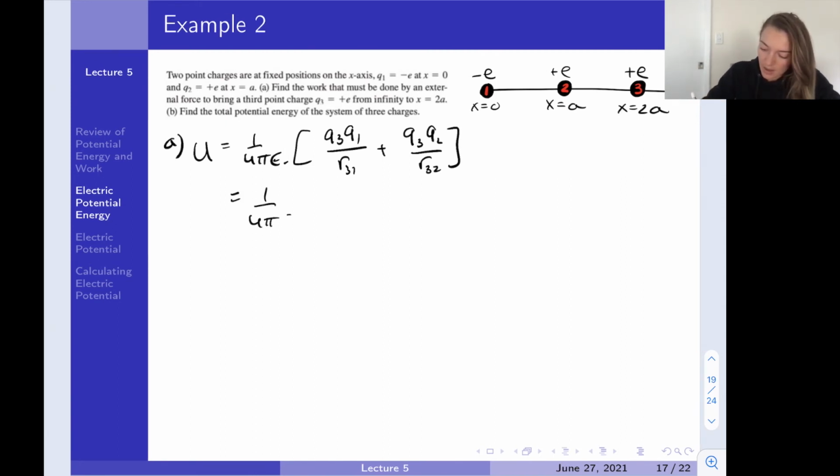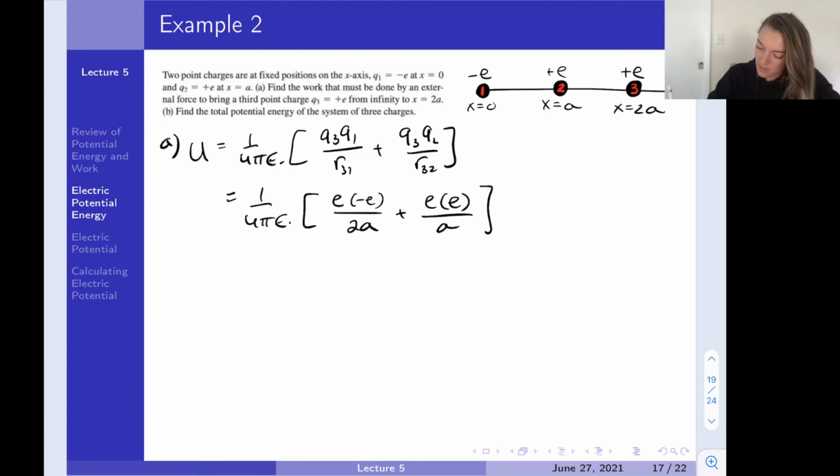So let's write this out. We have Q3 is e, Q1 is negative e, and the distance is 2a. Then we have Q3 is e, Q2 is positive e, and the distance there would just be a. And this will come out to 1 over 4 pi epsilon naught times negative e squared over 2a plus e squared over a.